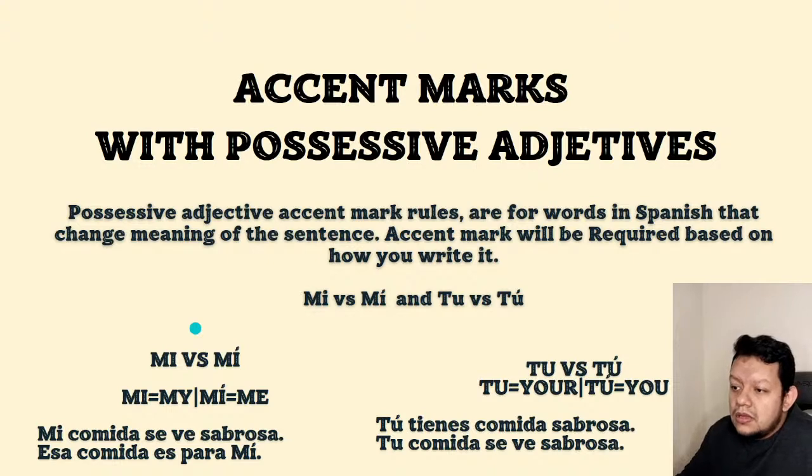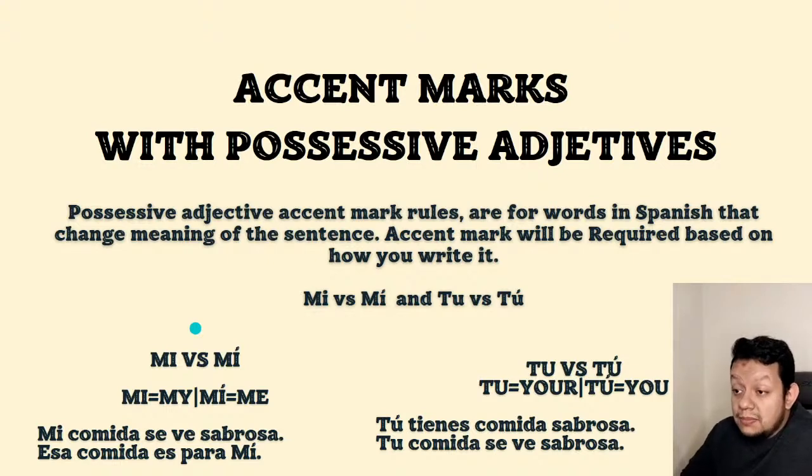So for Spanish, when we're writing out you and your, we don't really have the word your. And my and me don't really have the word my. In order to go ahead and make a possessive adjective, we use the accent mark to differentiate the two of them, and we use the same word.